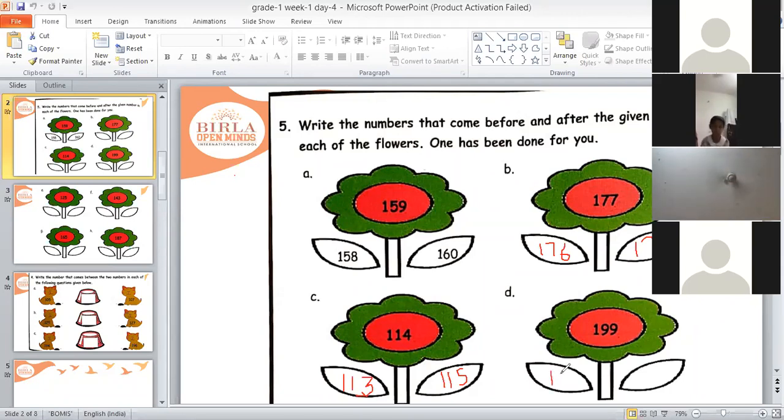How will you read 198? 198 is also correct, but it's better if you call it 198. So in the first leaf, you will write 198. And what comes just after 199? 200. Very good. So we will write 200 in this second leaf.